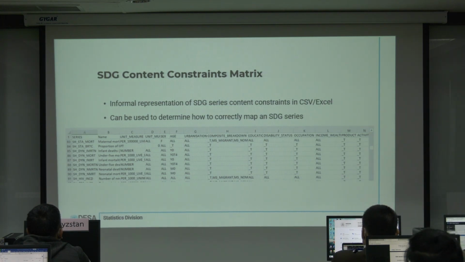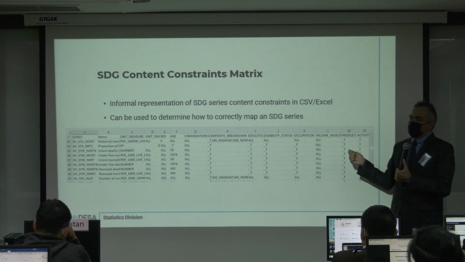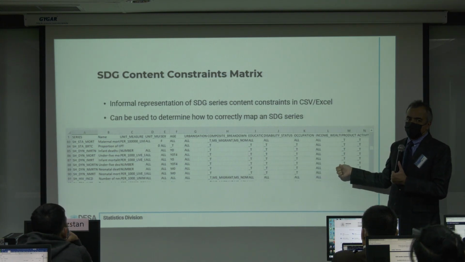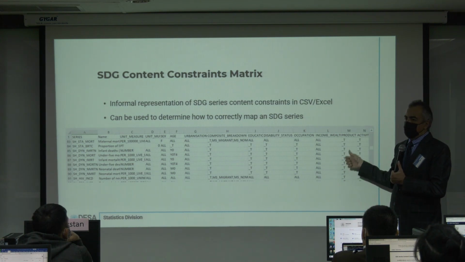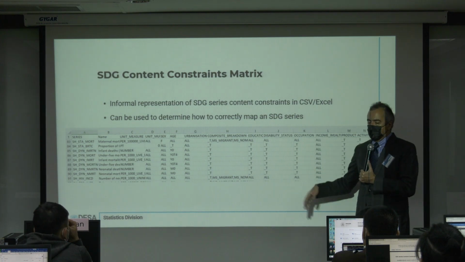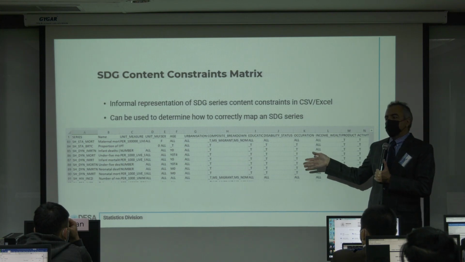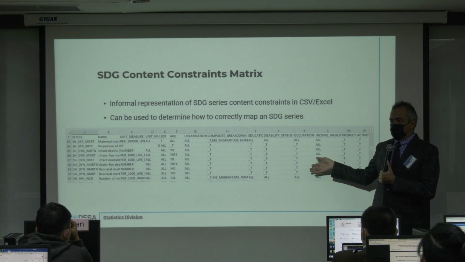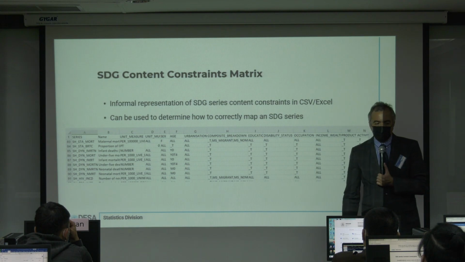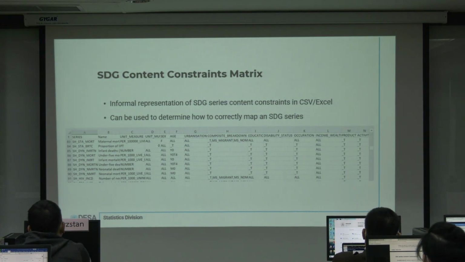Now the content constraints are available, and when you convert your data, if something is not mapped correctly, you'll get an error message. Ideally you will look up the content constraints before you map your data. But if you do find a situation where you have an error message, then you can look up the content constraints, find out which mapping is wrong, and fix the issue in your data.